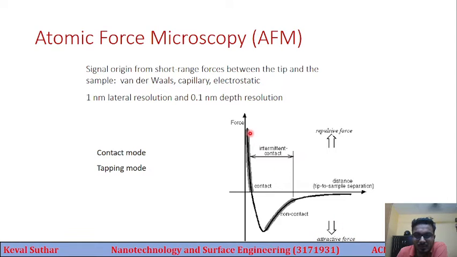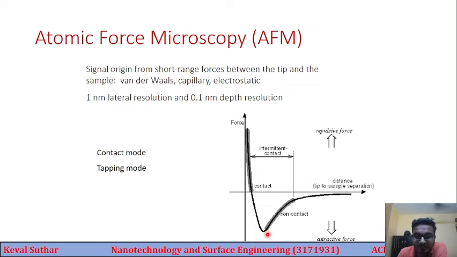So when the distance is almost nearly zero, then this repulsive force immediately reduces and it becomes zero over here. Then once the distance increases, that is tip to sample distance increases, then the attractive forces increase, and up to a certain limit it becomes maximum on the negative side.